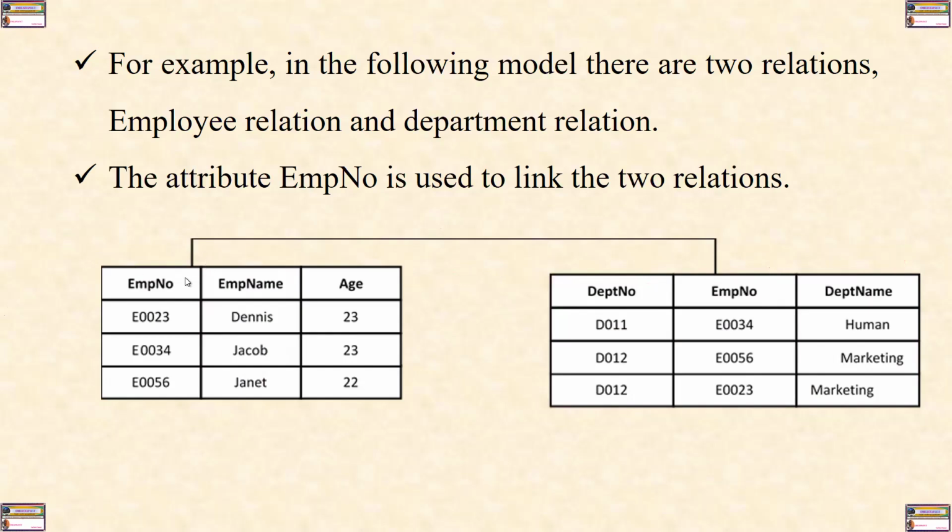Now, the first table is related to the second table through the employee number, as you can see. One thing you should note here is that the employee numbers in both tables have a similarity. You have E0023, and that is the one here. This is the one for Dennis. E0034, this one is here.